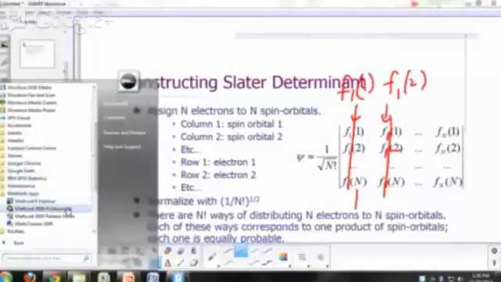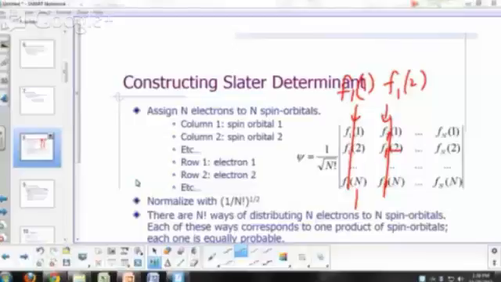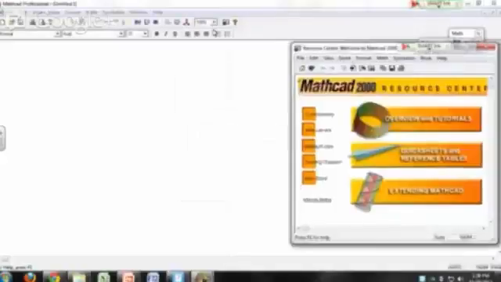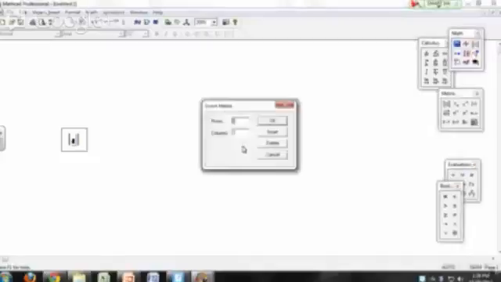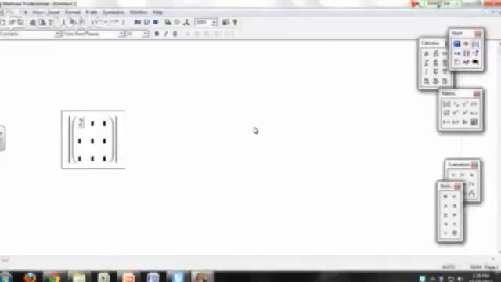Let's try a 3 by 3 determinant, for example. So let me write a determinant here. Let's say I want to do 1, 2, 6, 5.6. And 1, 2, let's say 3.